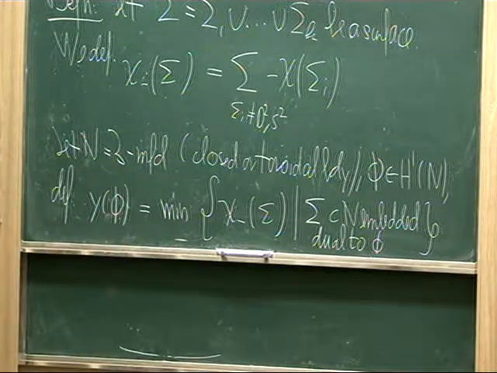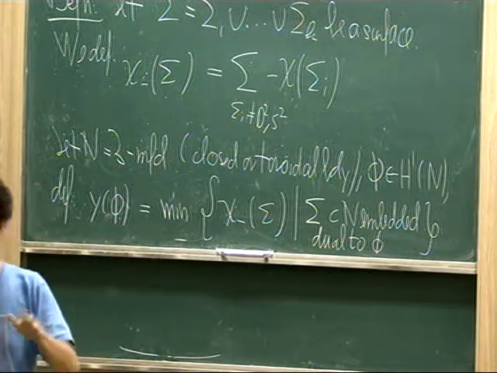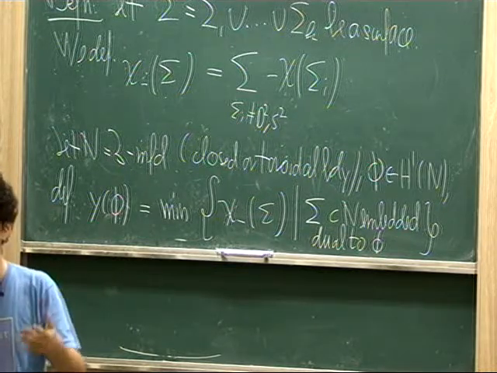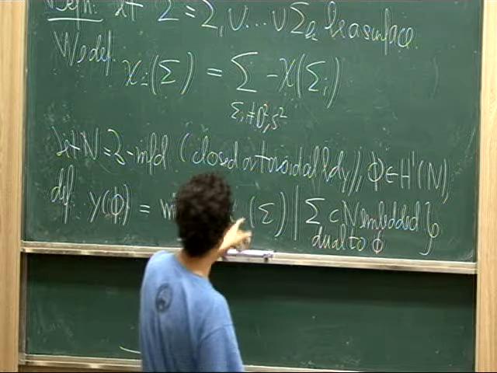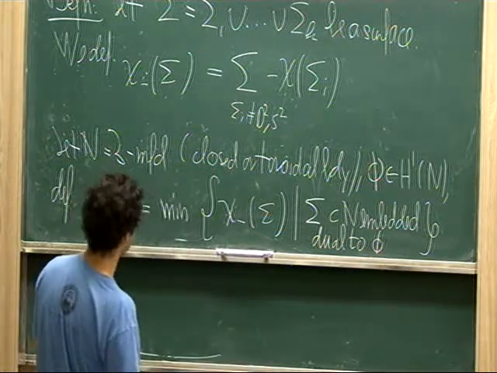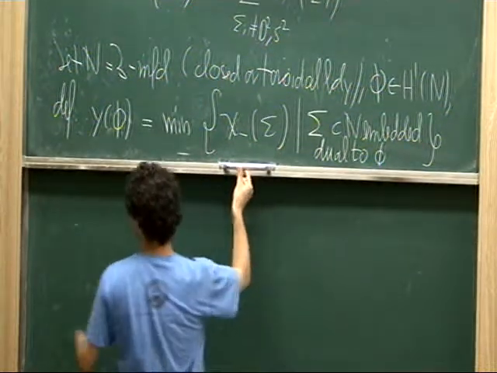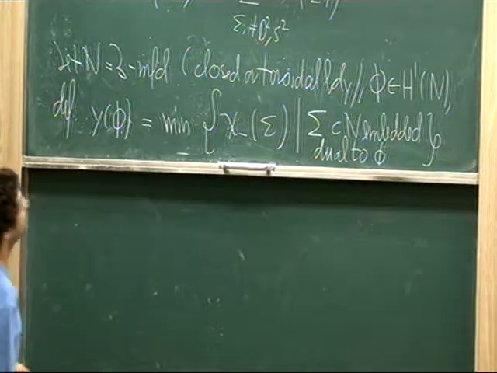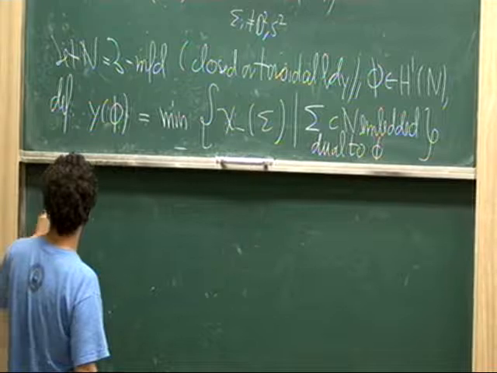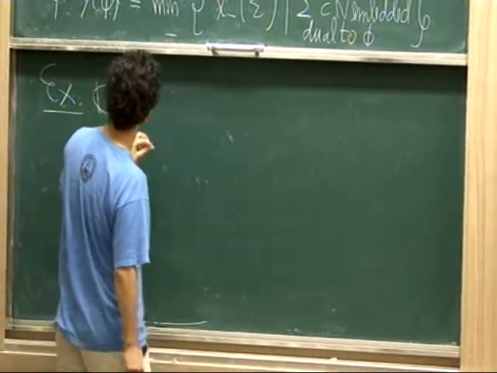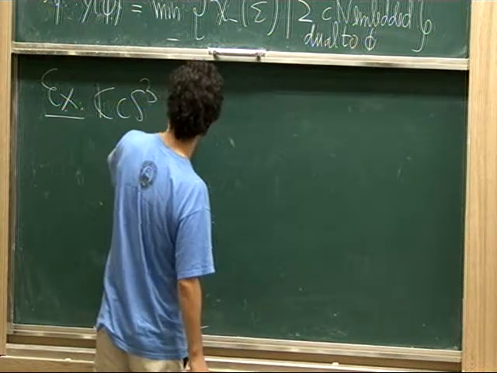Okay, so you know that any class in H^1 is dual to a surface, and there's an obvious notion of complexity, which is to look at the complexity of dual surfaces. And let's perhaps do a quick example for people who are more familiar with knot theory. So example: let's say K in S^3 is a non-trivial knot.